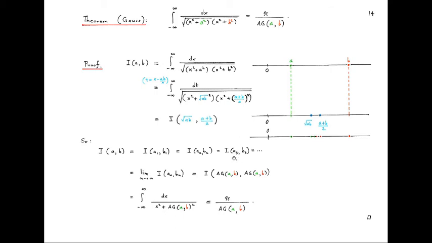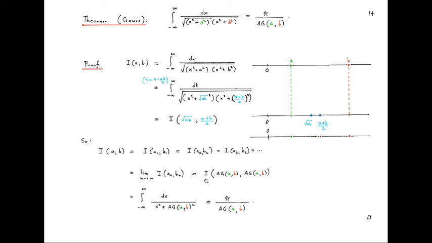But we know that for large n's, they start looking more and more like the same number, the arithmetic-geometric mean. So since this is a constant sequence, it coincides with its limit. So this is the same as the limit as n tends to infinity of I of an,bn. But for large n's, an and bn both start looking like the arithmetic-geometric mean.